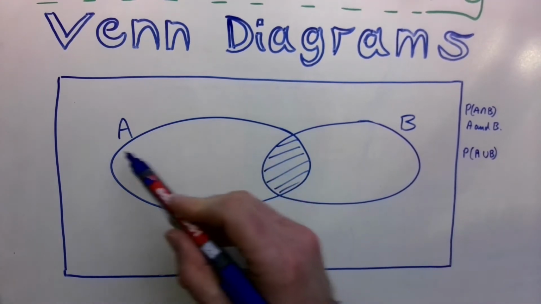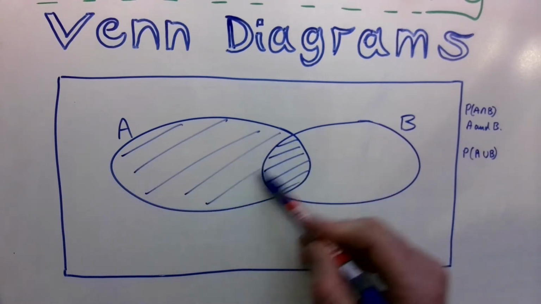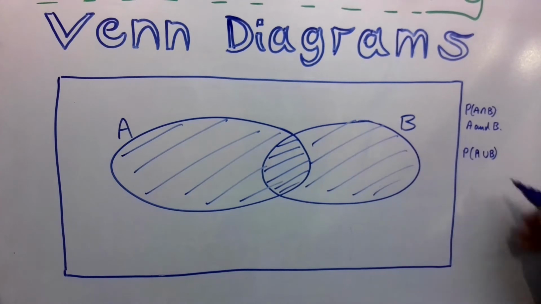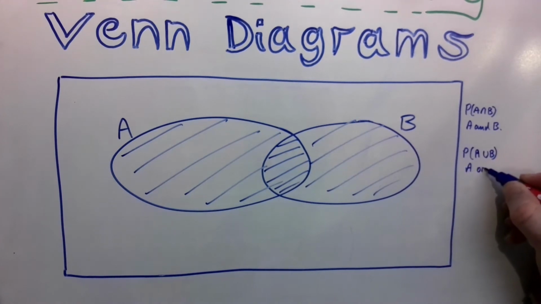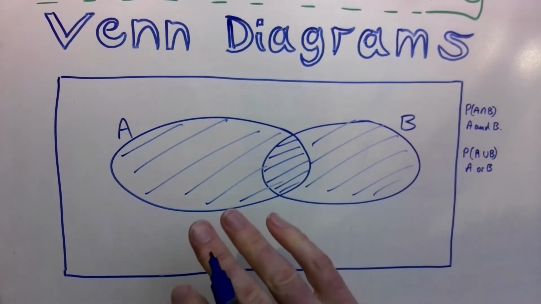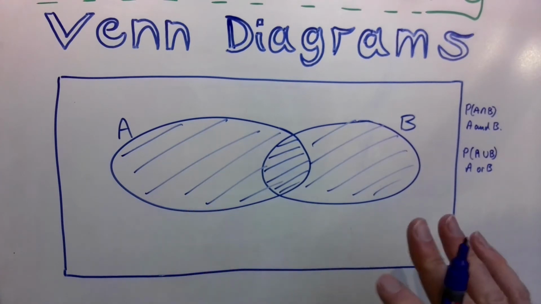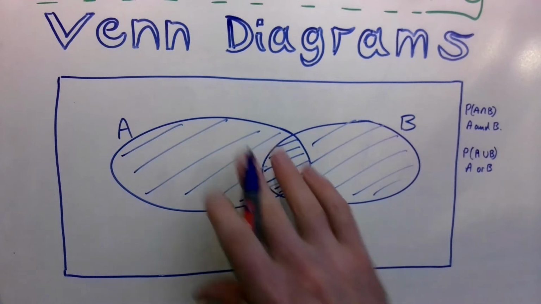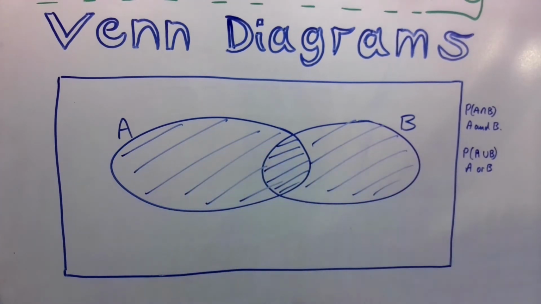So this is all of A, including that bit in the middle, and all of B, otherwise known as A or B. If you know the probability of getting A, or the probability of getting B, or the probability of getting them both together, only then would you add them together to get their total probability.